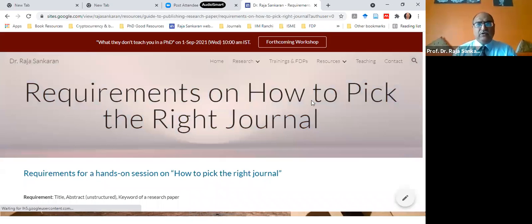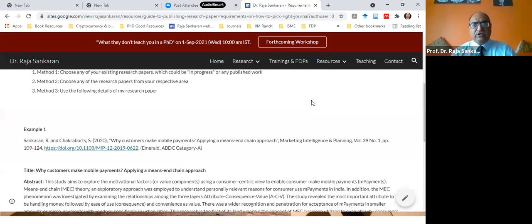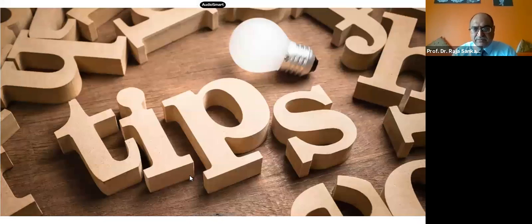Some common thing I would talk about is, whenever you want to publish something, apart from taking advice from or working with your supervisor or the guide, always look at where these journals are being referenced.